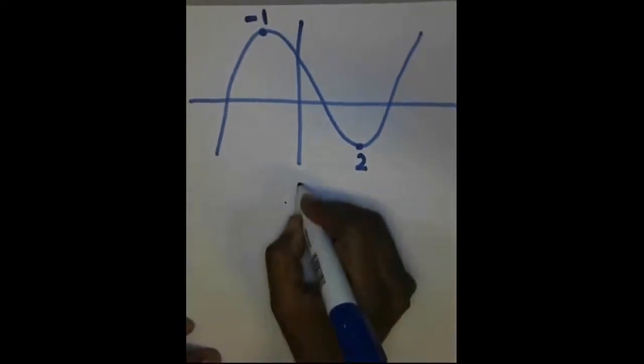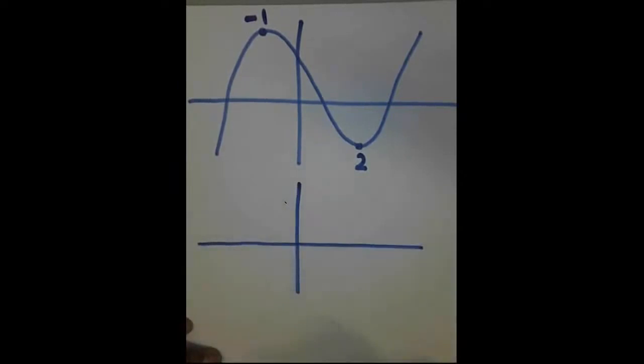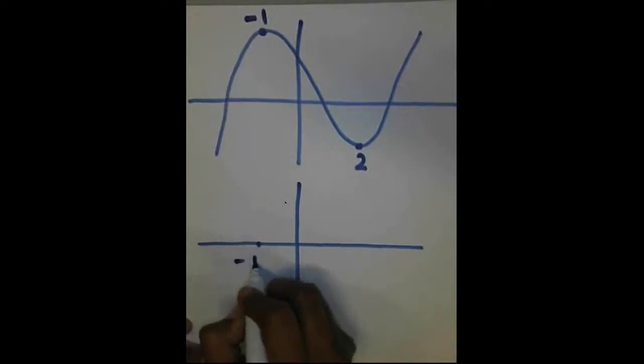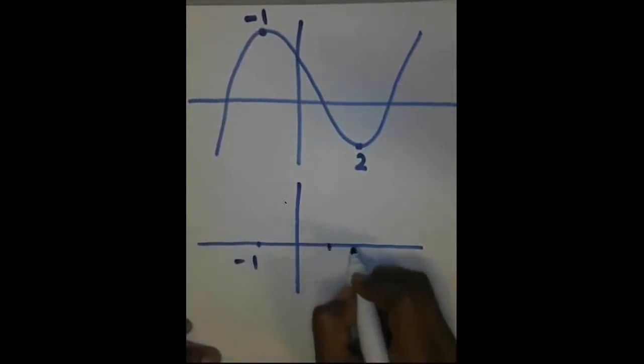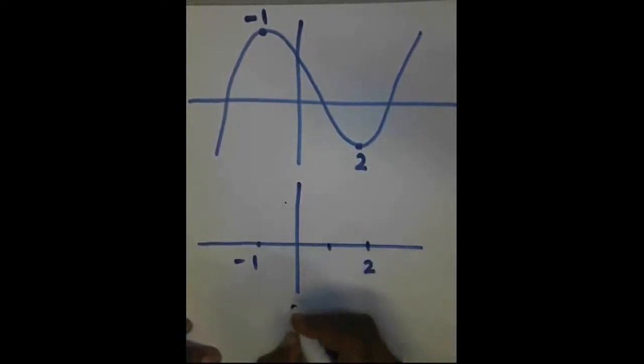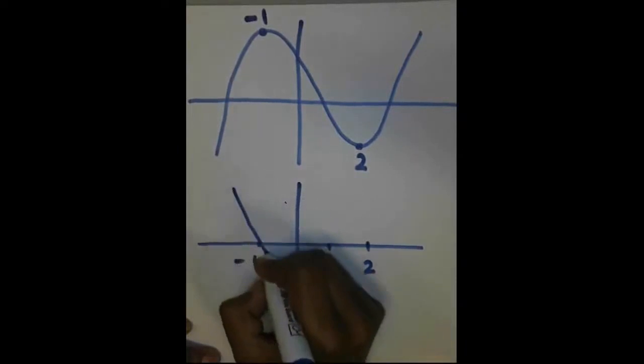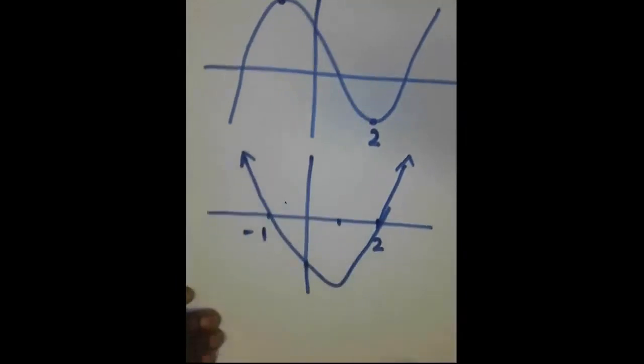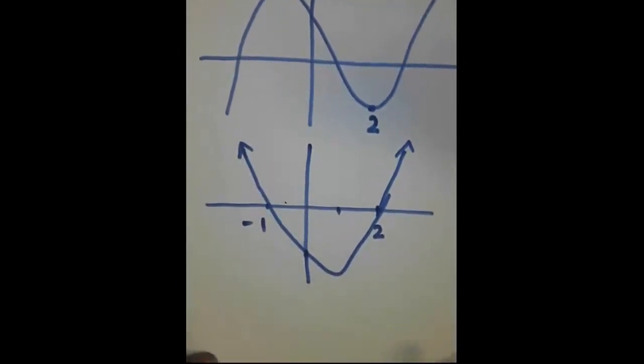Then what will happen, ladies and gentlemen, for my first derivative? It will be that the x-intercept will be at -1 and the x-intercept will be at 2. So this graph then will look something like this. Let me just explain it to you properly. Right? So that's what I would get.